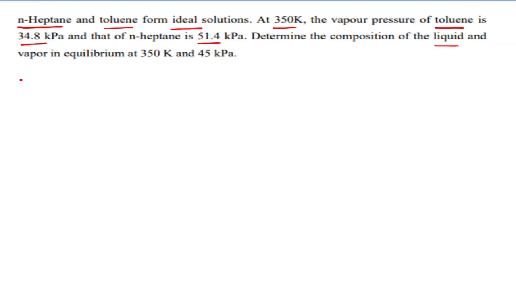If we assume n-heptane as component 1 and toluene as component 2, we can write down the data given. We are given the temperature as 350 degrees Kelvin and the total pressure as 45 kilopascals.